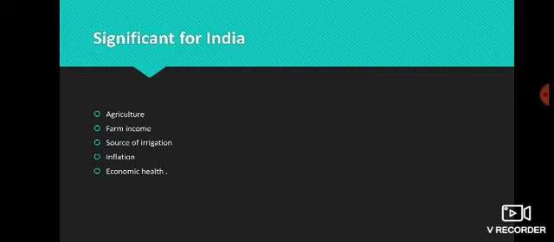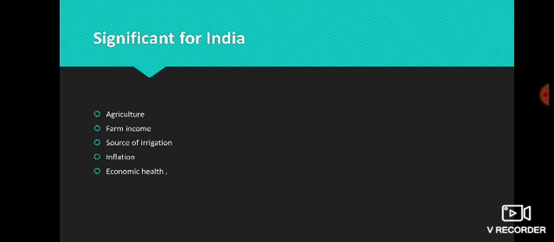There are two types of inflation you may be knowing. One is when demand is increased, and the other is when the product is low in supply. So supply as well as demand can cause inflation. If agriculture is poorly affected, then definitely it will cause supply inflation.